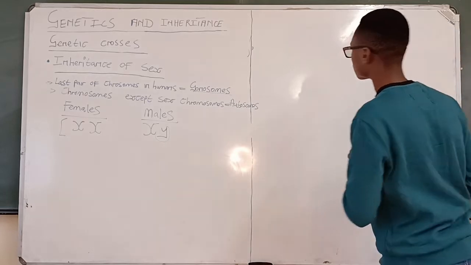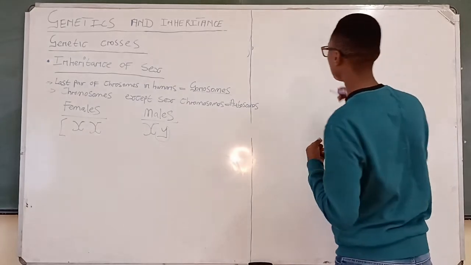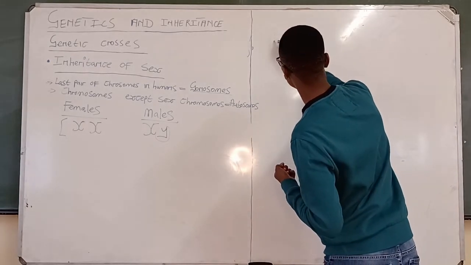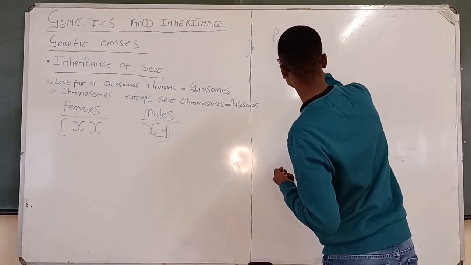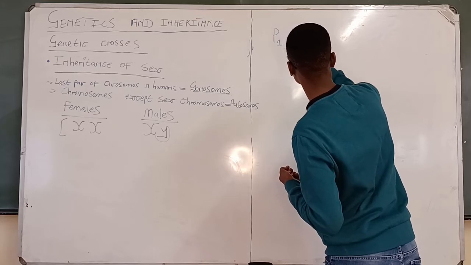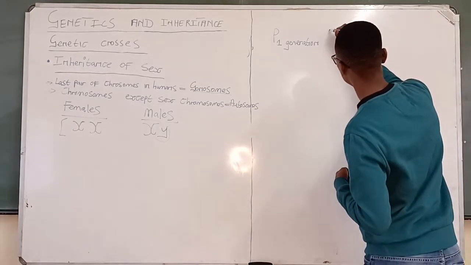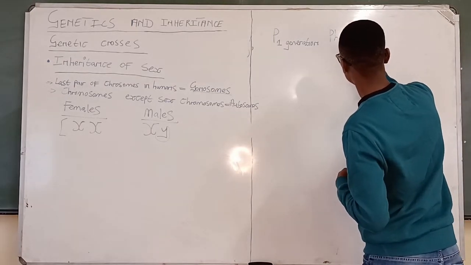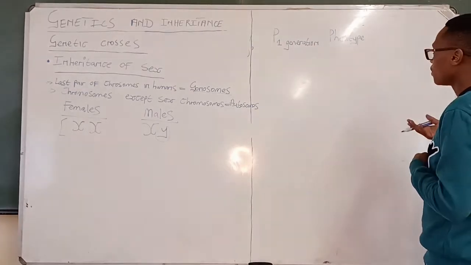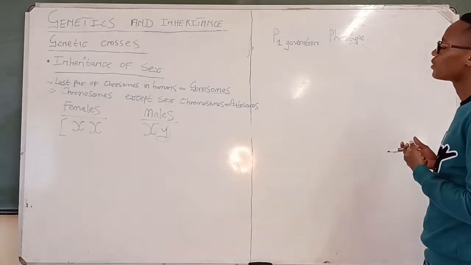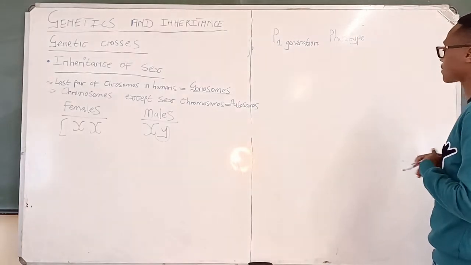Okay, so I'm going to start with our template. We're going to say P1 generation. For the P1 generation, we have the phenotype. The phenotype is what we see physically, right? So here our phenotype is going to be a male and a female, because we are able to see it from the outside.